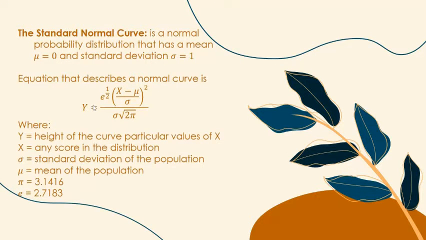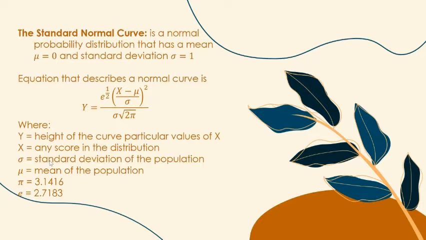The standard normal curve is a normal probability distribution that has a mean, mu, equal to 0 and a standard deviation, sigma, equal to 1. This is the equation that describes a normal curve, where y is the height of your curve at particular values of x, and x is any score in the distribution, or your random variable.